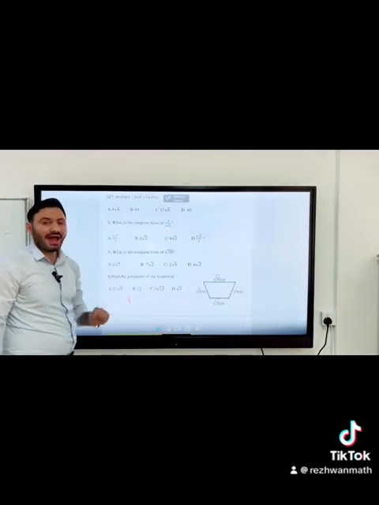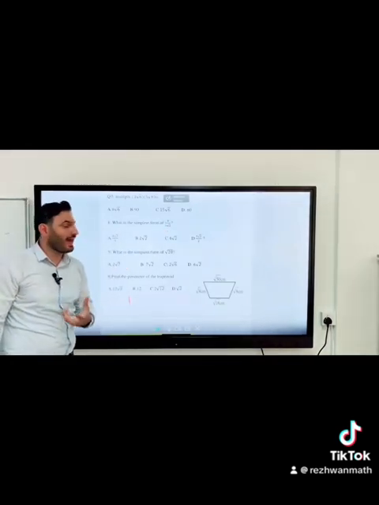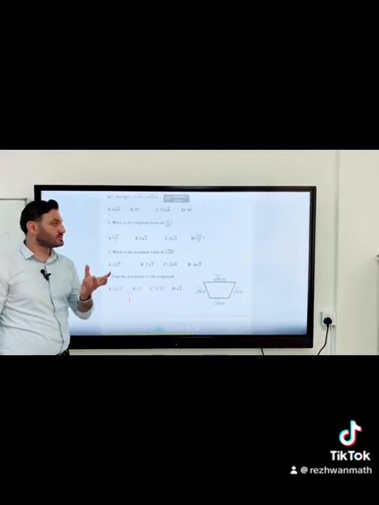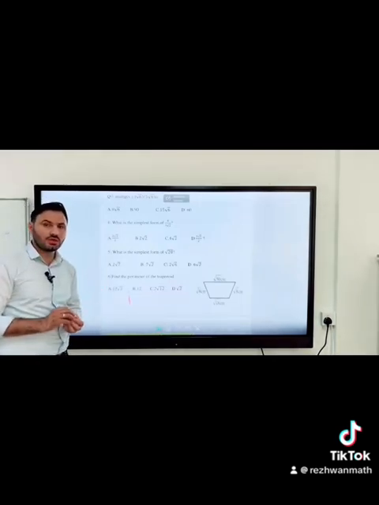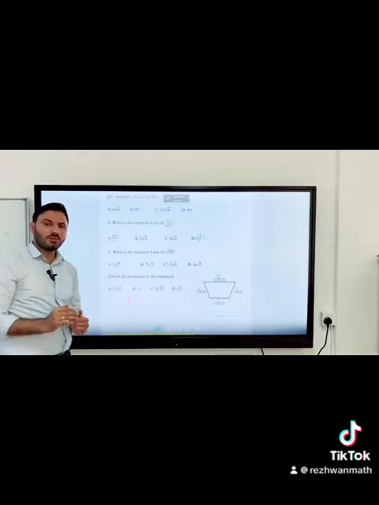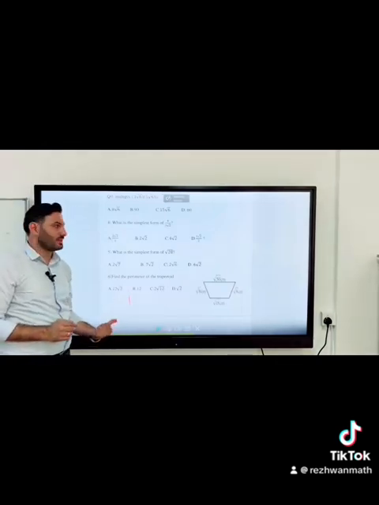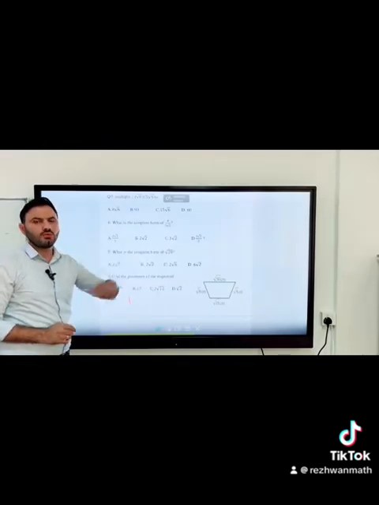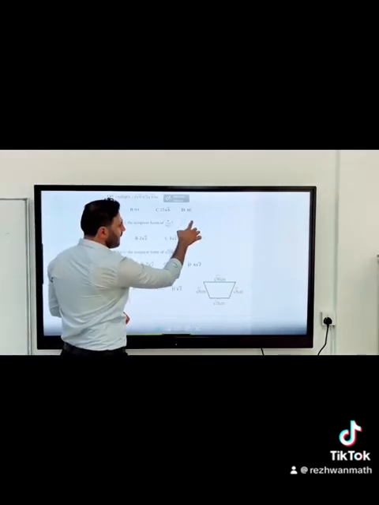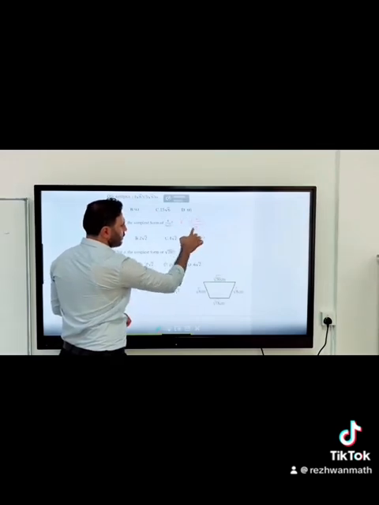We have square root 2 at the denominator. We said if we have the square root at the denominator, you have to multiply both numerator and denominator by the square root of the denominator. What's the square root of the denominator? Square root 2. So you have to multiply both by square root 2.